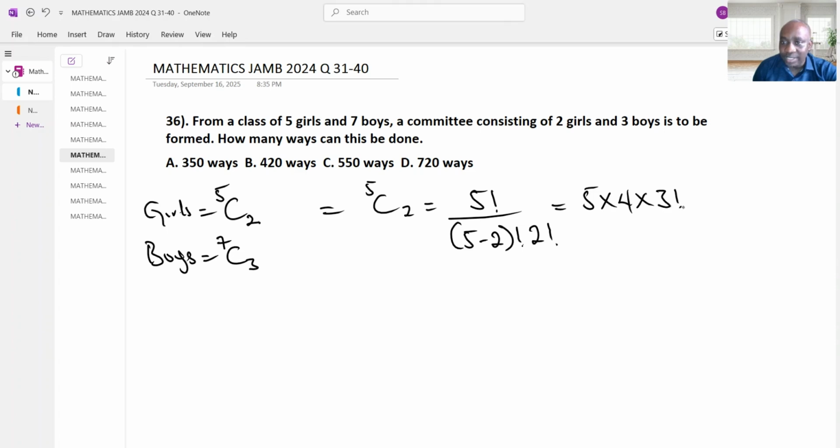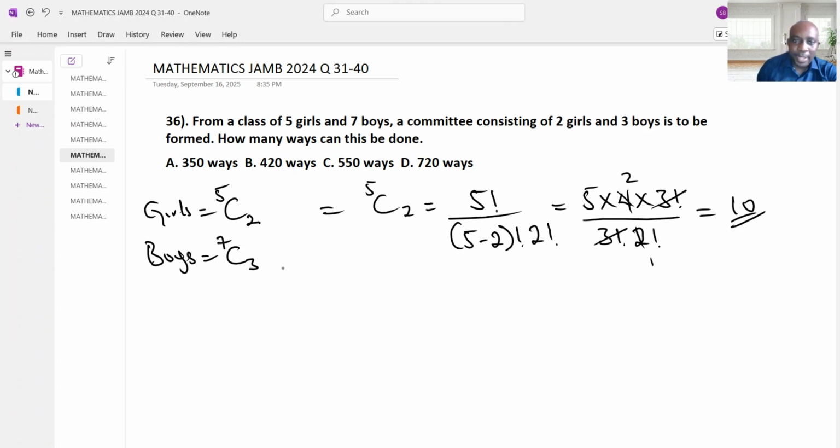Let's stop at this 3 factorial, because 5 minus 2 gives 3 factorial, 2 factorial. We cut out 3 factorial. Now I will have only 5 times 4 over 2 times 1, which is the same thing as 2. 5 times 2, I'm going to get 10 here.